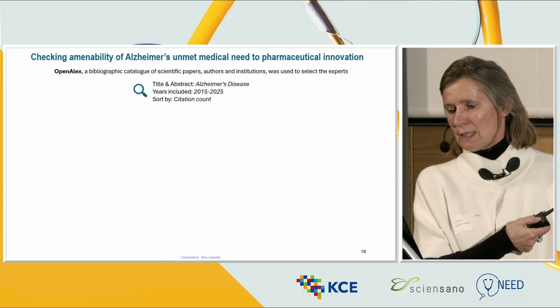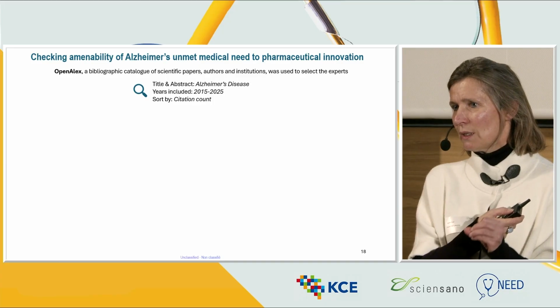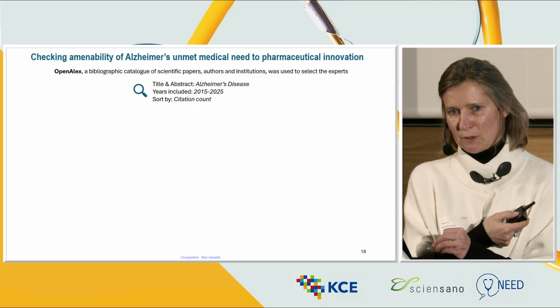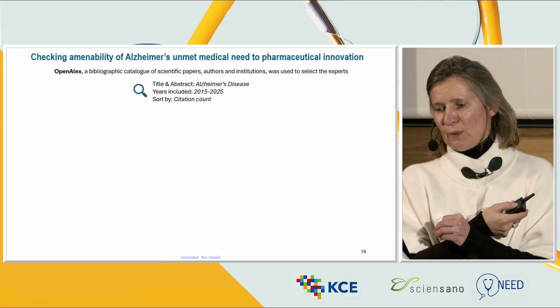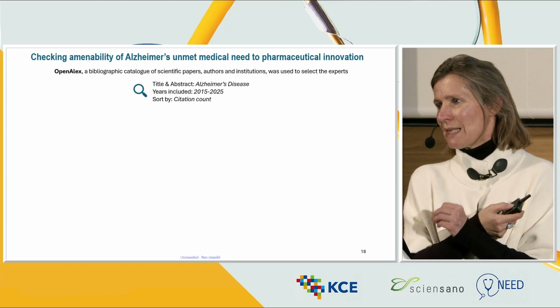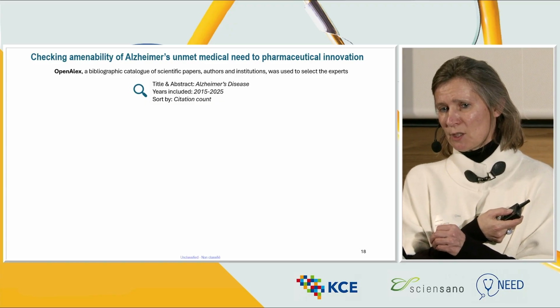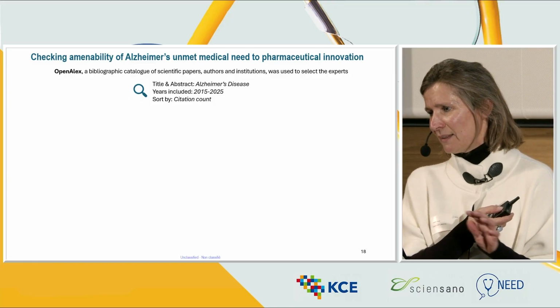So now, once we had that, we had to define whether these diseases were amenable to pharmaceutical innovation. Is a new drug really what we need? The method we use for that is to select experts with academic publications. So there can be a bias here.